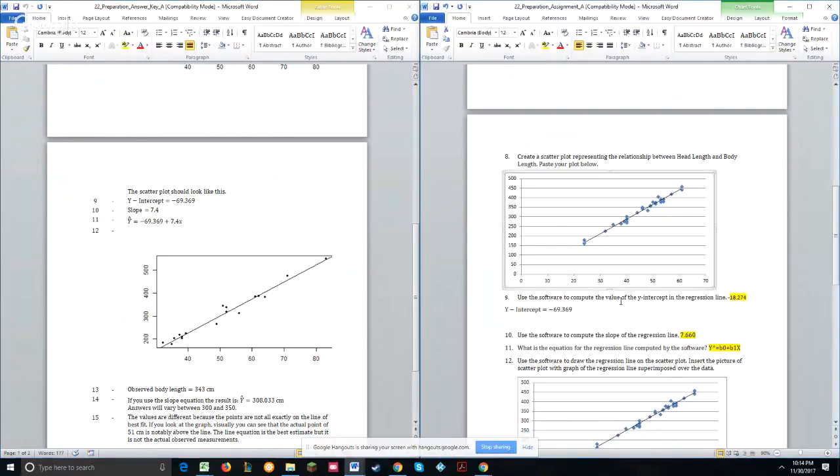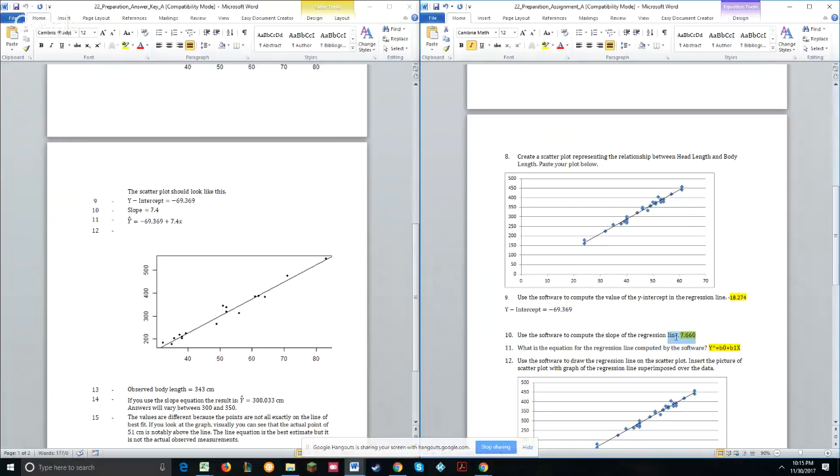It says use software to compute the value of the y-intercept on the regression line. And I thought that was negative 18.274, but the answer on the homework answer sheet shows negative 69.6369. So I was missing something there.